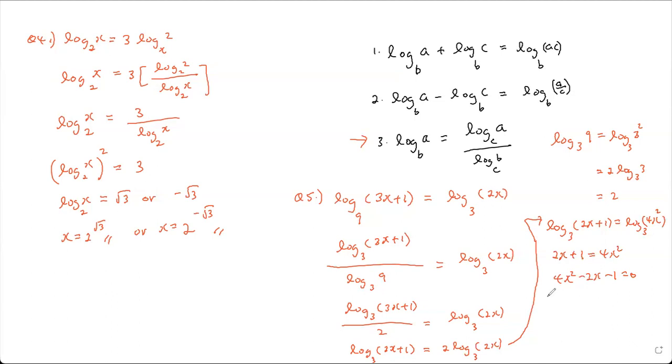I already solved it and I got x equals negative root 5 over 4 minus 1/4, or root 5 over 4 plus 1/4. Oh, sorry, I think this is a plus, right? Yeah.